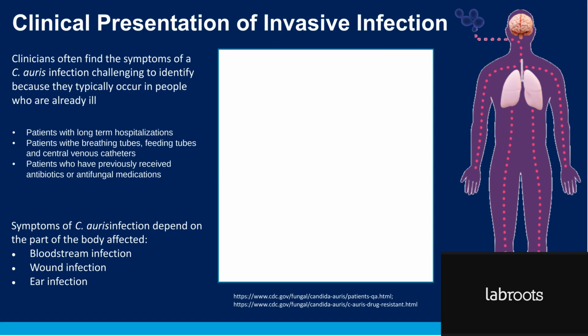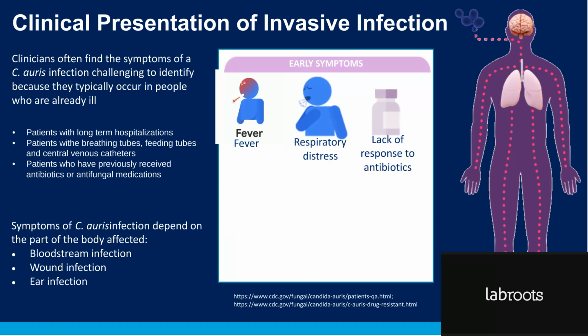Let's now look for a few minutes at the clinical presentation of the invasive infection. Again, I'm a laboratorian, I'm not a clinician, but I wanted to do a little bit of an overview on the actual clinical presentation. As mentioned, the infection very often occurs in people who are already ill, which can make recognizing the symptoms really, really difficult.